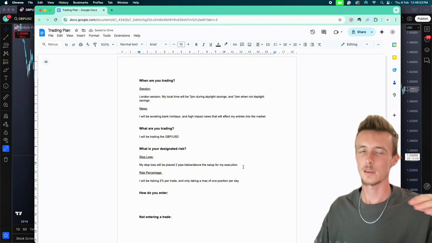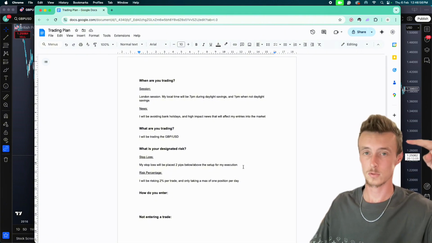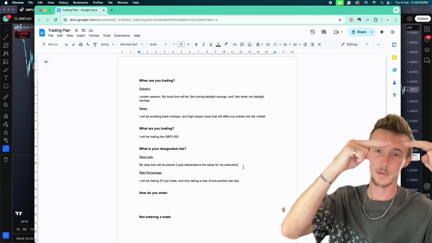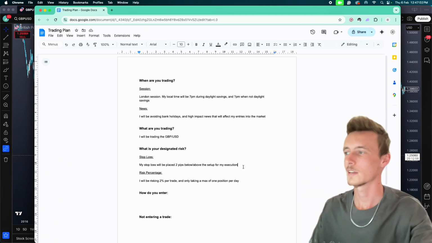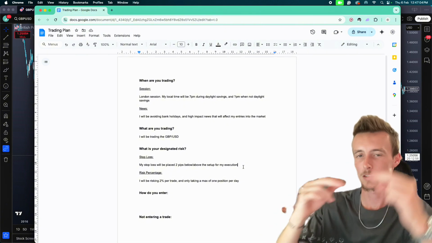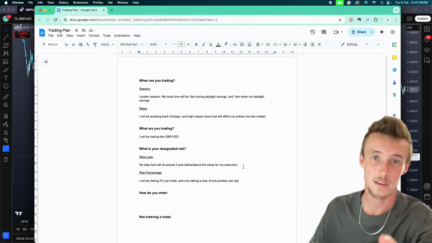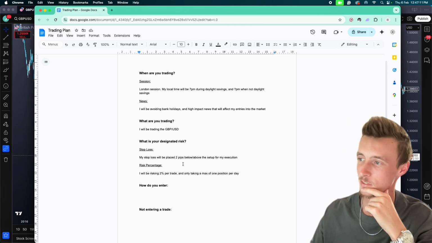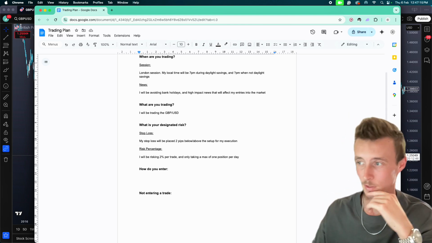So let's say that we get a liquidity sweep and it goes to here past the liquidity, and then I'm going to be placing my stop loss 2 pips above that, right, to then look for a short. So something like that, and then obviously if we sweep liquidity, 2 pips below it to look for a long. But that'll be covered a lot more in the strategy. But you can just write that out or leave it blank for now, and then when we do the strategy, you can fill that out.